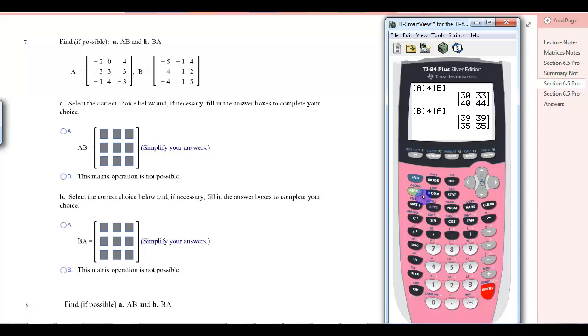And we'll do one more of these. Second matrix, over to edit, and enter. And this is going to be a 3 by 3.